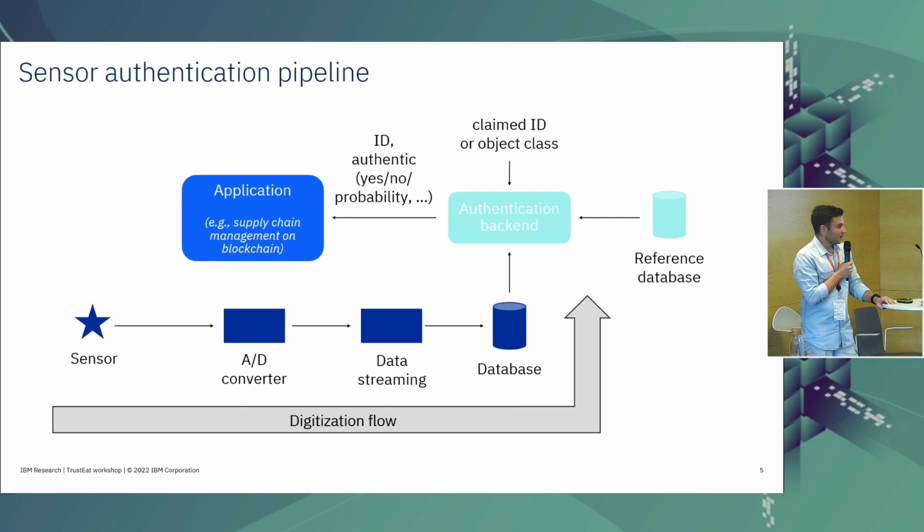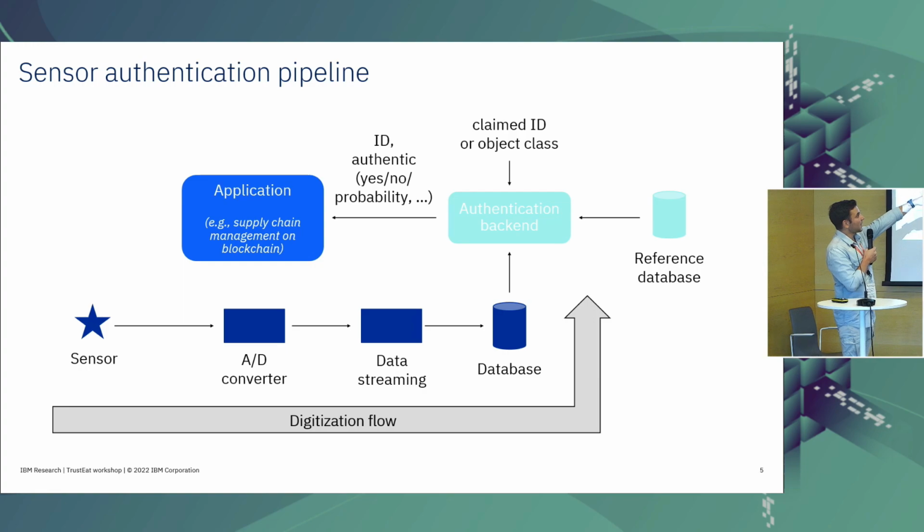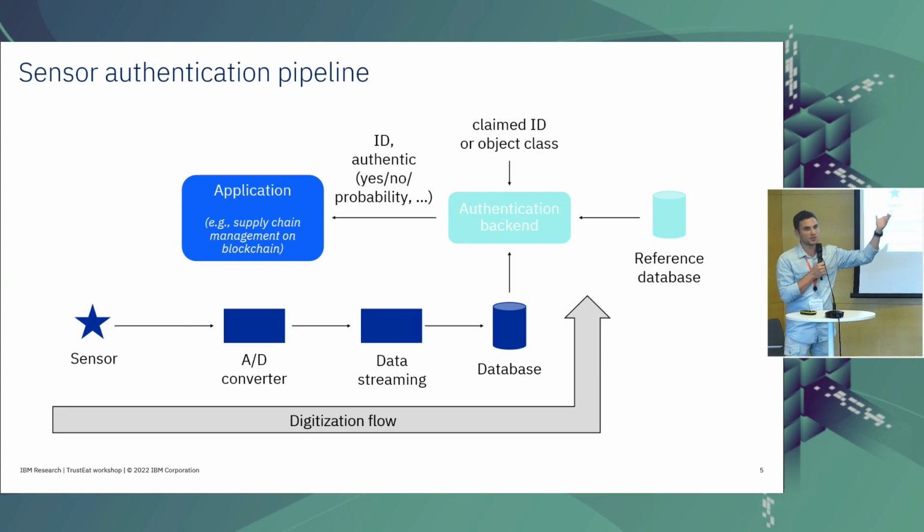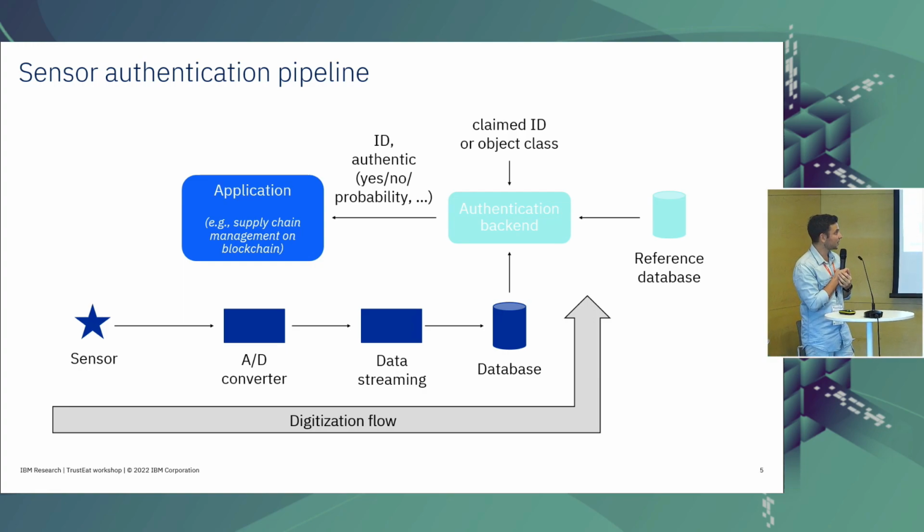And so this is our job as researchers, in order to enable what we call the authentication backend, basically the authentication service that I mentioned in the previous slide, in order to enable that process of exchange of information on the physical object and on the crypto anchors.